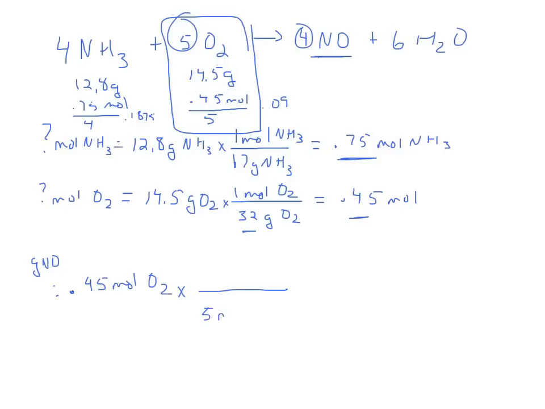So 5 moles O2 to 4 moles of NO. And then the last step is to convert back to grams. 1 mole NO, 14 and 16 would be 30 grams NO. So 0.45 times 4 divided by 5 times 30, and I get 10.8.